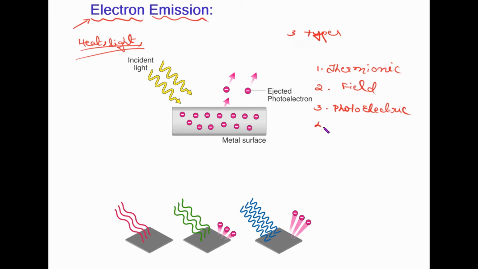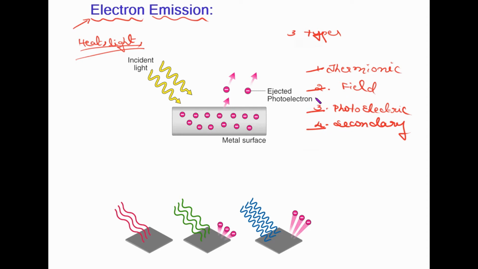And another one we can mention is secondary emission. So based on the type of energy supplied to the metal surface for the escape of electrons, we have classified electron emission into 4 categories: thermionic emission, field emission, photoelectric emission and secondary emission.